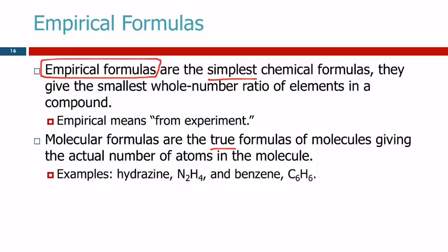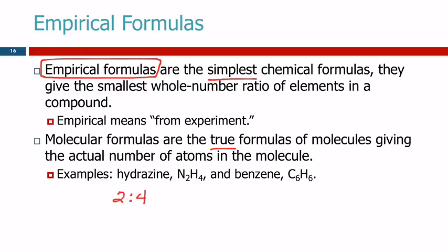So let's look at a couple of examples. Hydrazine has been used as a rocket fuel. N2H4, that's the molecular formula. Every molecule of hydrazine has 2 nitrogens and 4 hydrogens. Is this the simplest ratio of nitrogen to hydrogen? No. The ratio here is 2 nitrogens to 4 hydrogens. 2 to 4. That can be simplified.